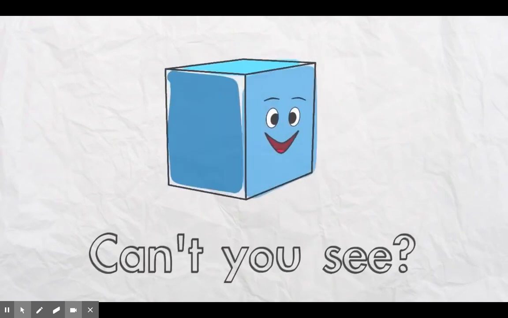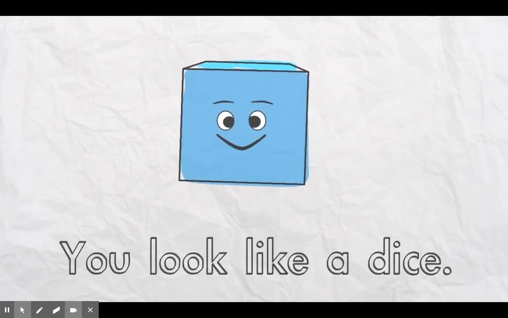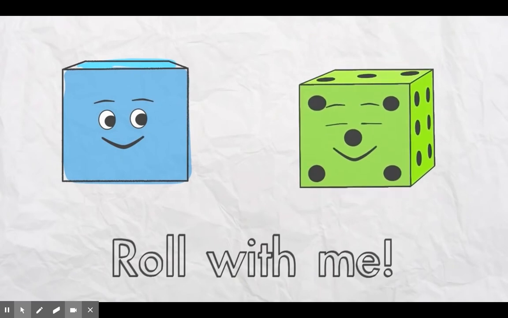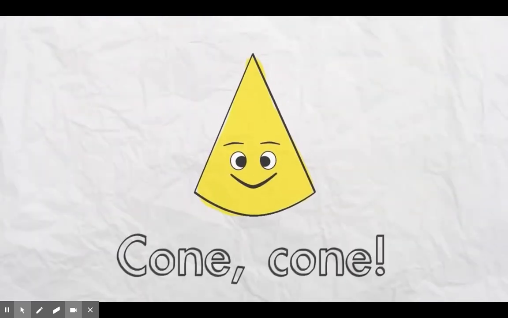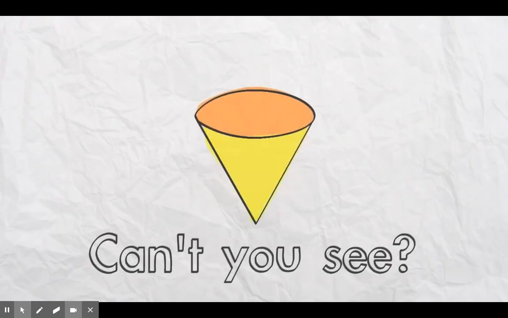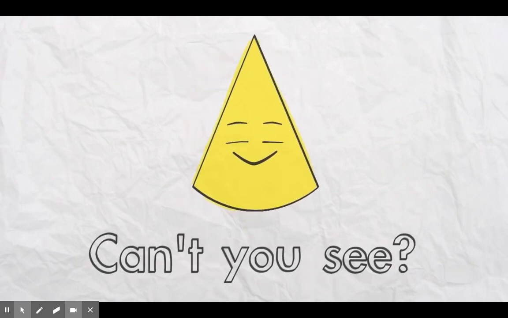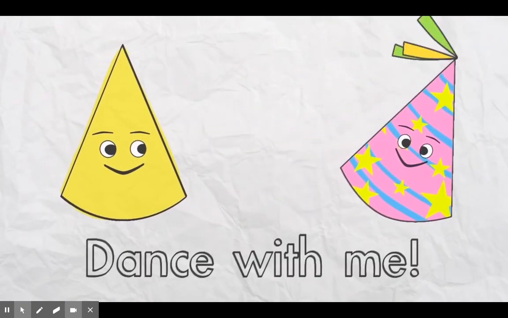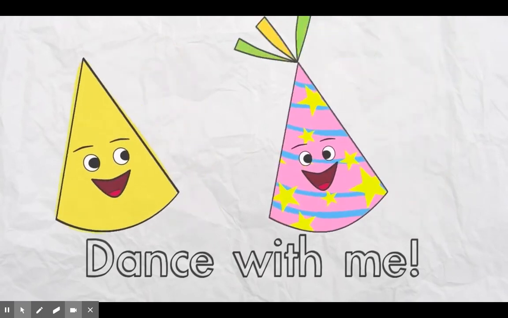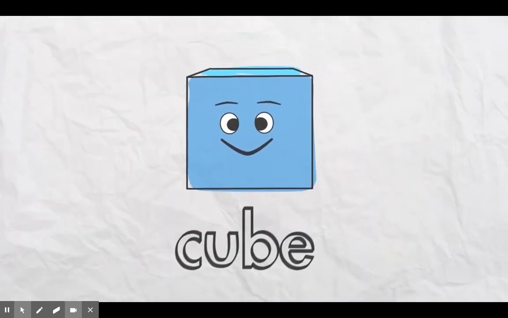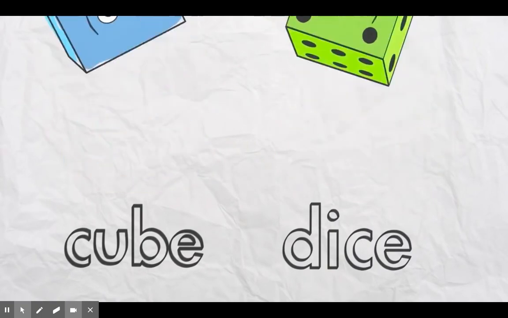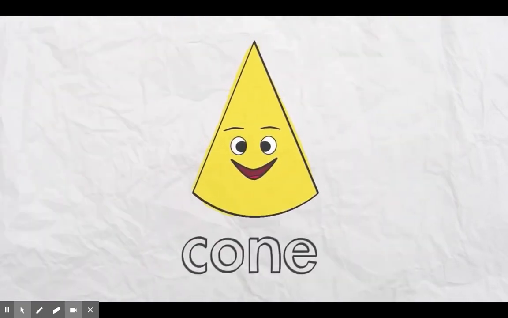Can't you see? You look like a dice. Roll with me. Cone. Can't you see? You look like a party hat. Dance with me. Cube. Dice. Cone.